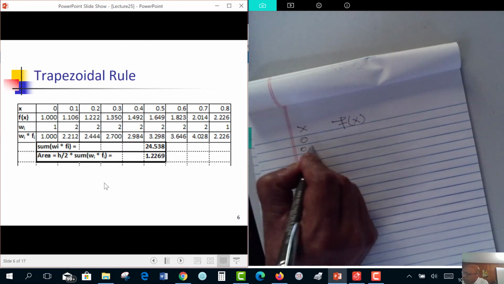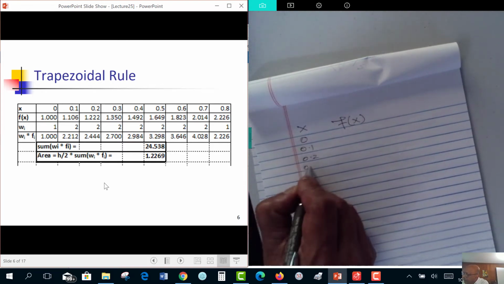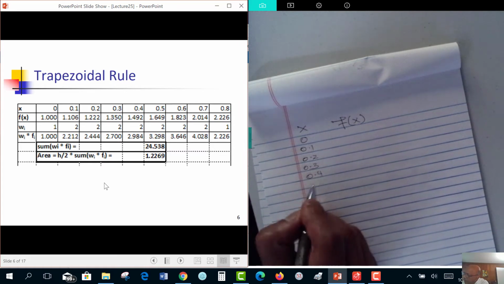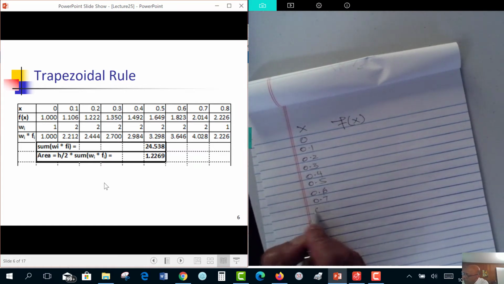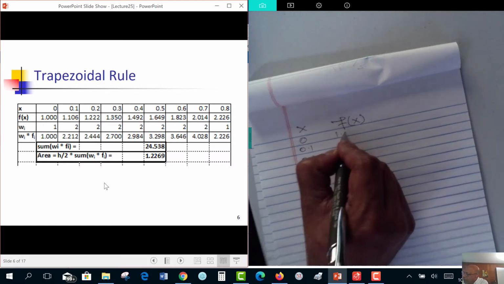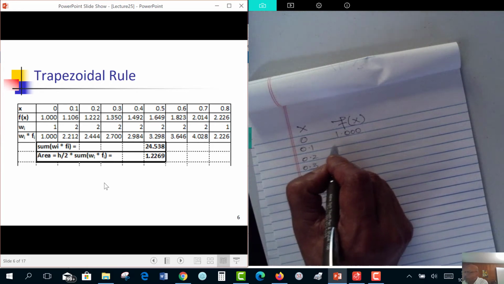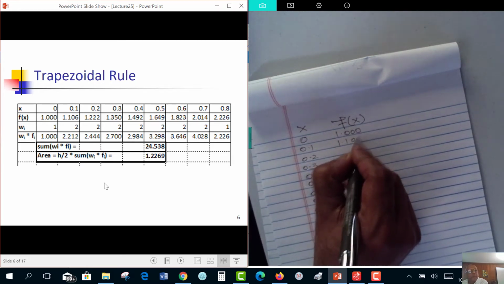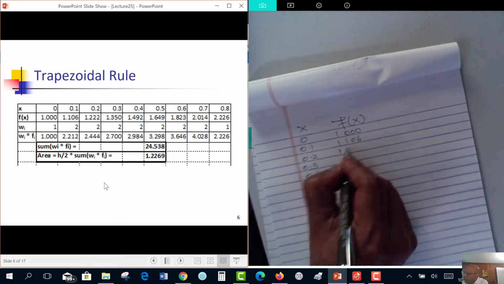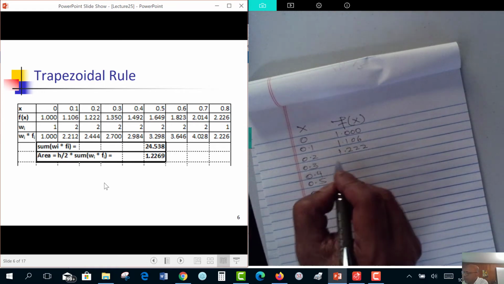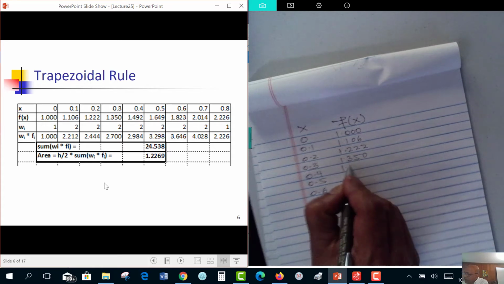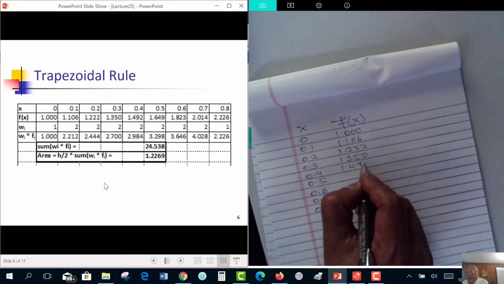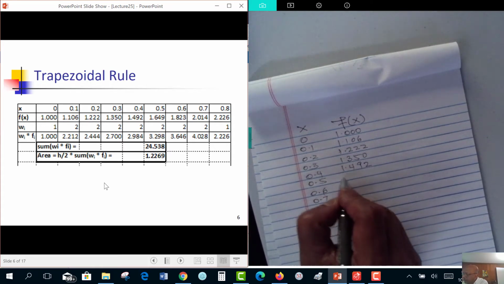X was spaced 0.1 apart, and our function values were given to 3 digits. Please work with me. Take out your calculator.